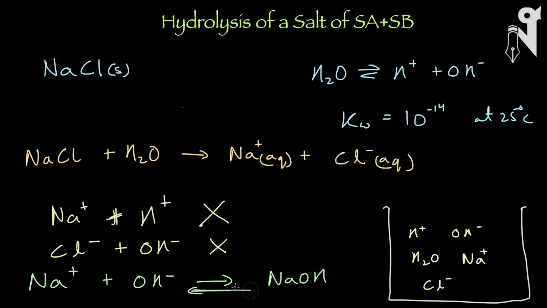Because NaOH is a strong base. It doesn't remain like NaOH at all. There is no NaOH molecule in water. So you don't have this reaction going on at all. So Na plus and OH minus is not going to react.